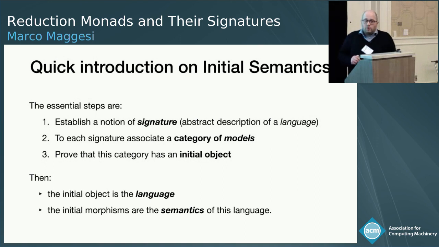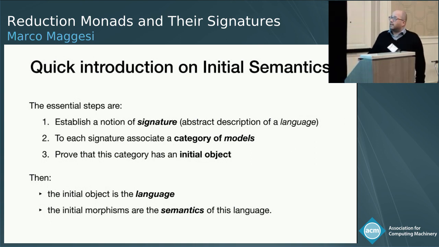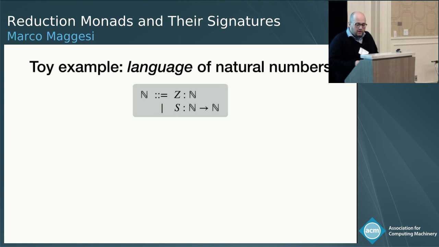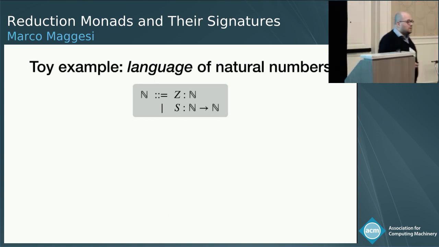And so if you have done all this, the initial object is the language, and the initial morphism are the semantics of the language. If you are lost, let me quickly give this toy example of natural numbers.